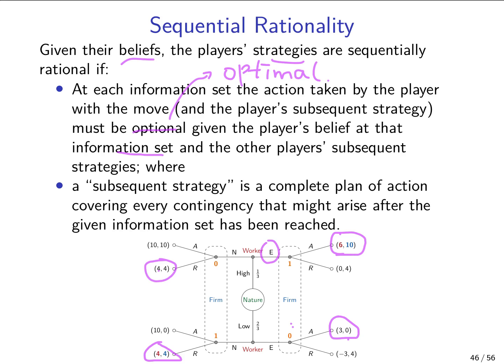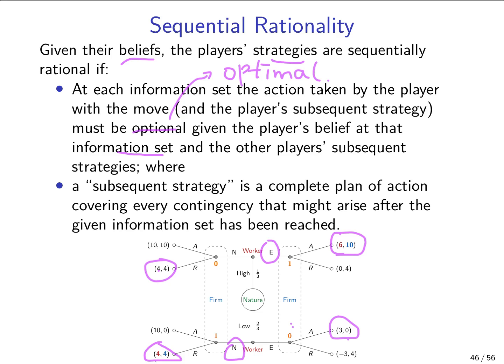And a low type would say, well, 4 here is greater than 3, and therefore no education. Okay, so again, given how in equilibrium the firm would choose, it's sequentially rational for the worker to choose education if it's a high type and no education if it is a low type.